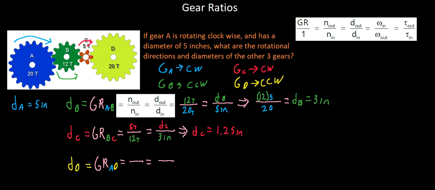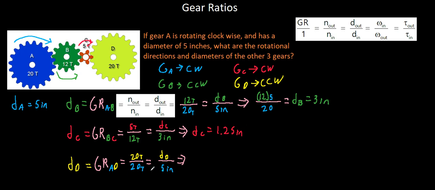And of course, we know what the output teeth is. It's 20 teeth. And we know what the input teeth is, 20 teeth. Now, we do not know the diameter of our output. That's kind of the whole point here, but we do know the diameter of our input, 5 inches. And of course, looking at this, it could be really obvious.